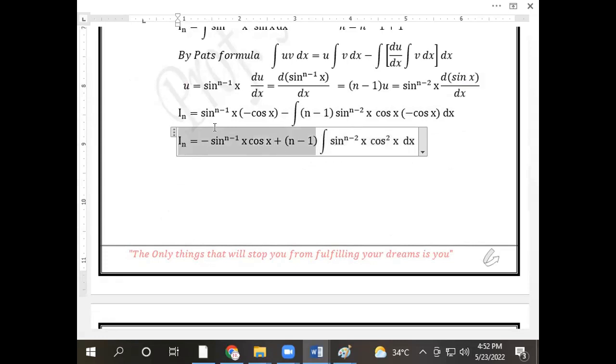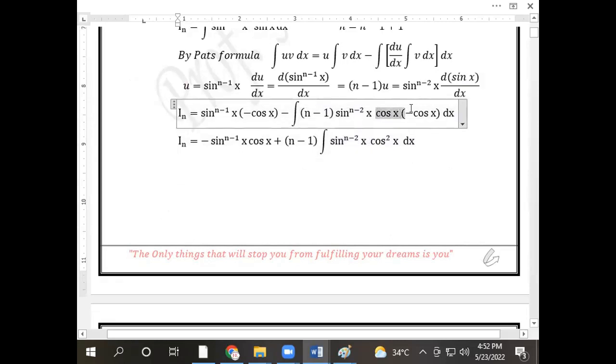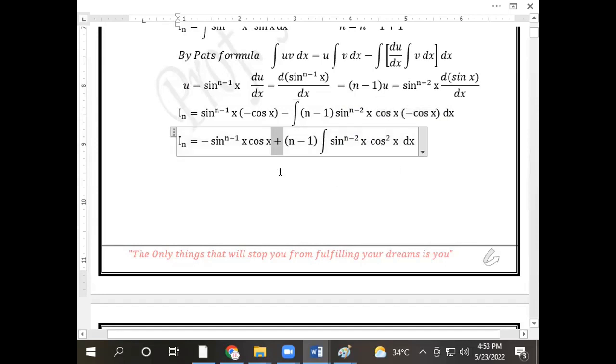The n minus 1 is a constant, so it is taken outside the integration. Again, sine raised to n minus 2 of x and cos x, and this minus cos x becomes cos square, and the minus sign taken outside the integration makes it plus.